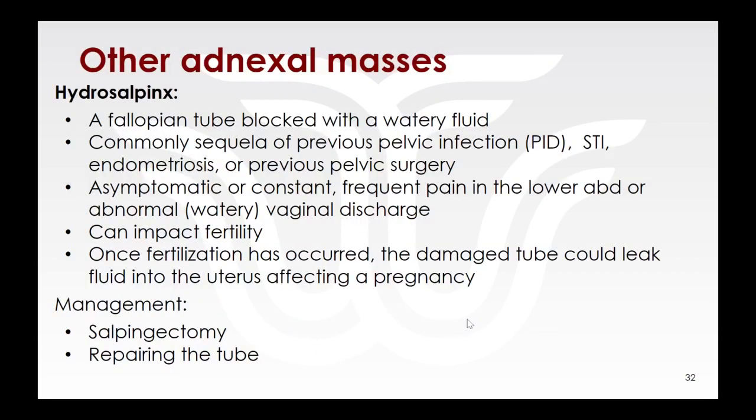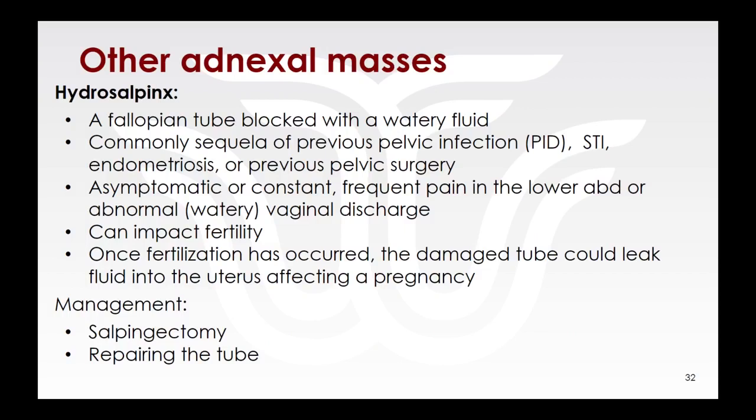Some other adnexal masses. Hydrosalpinx is when the fallopian tube is blocked with watery fluid. This is often due to scar tissue, so history of PID, other STIs, endometriosis, or previous pelvic surgery. Sometimes asymptomatic.